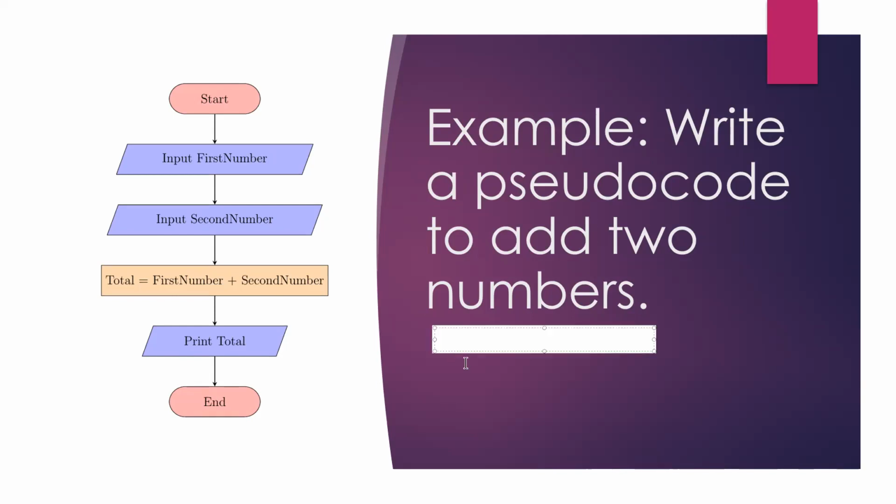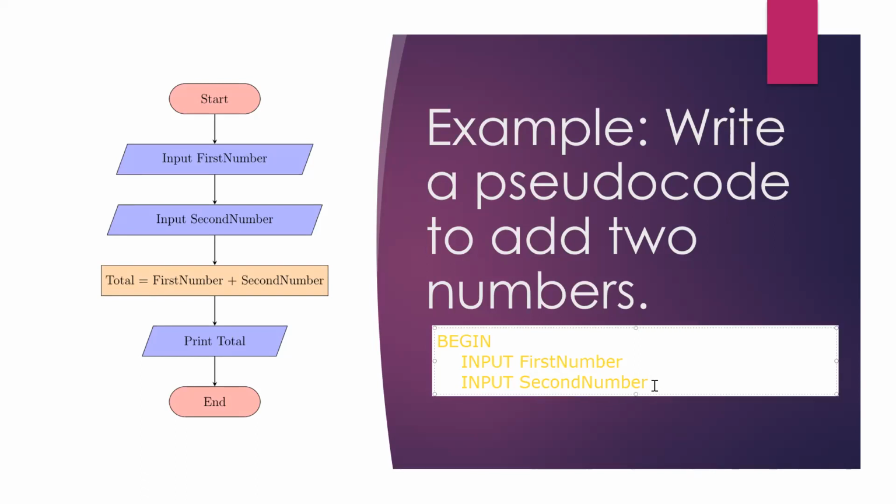Now for example, I can say, okay, begin. We have begin, and then we know that it's the first number, so we can say input first number and input second number, and then you perform the calculation.